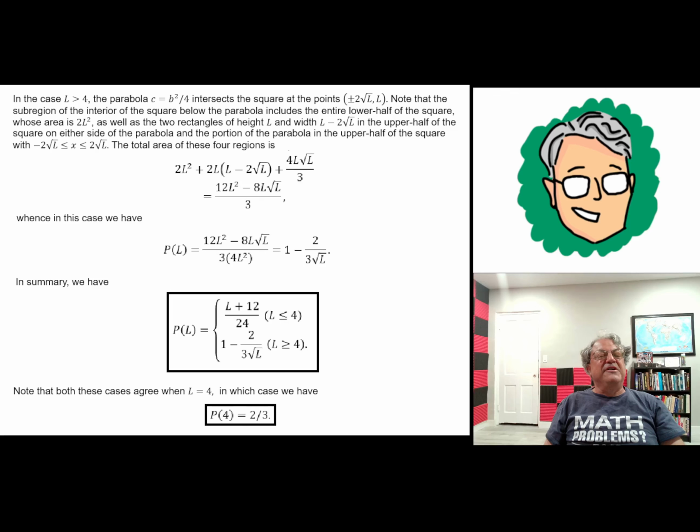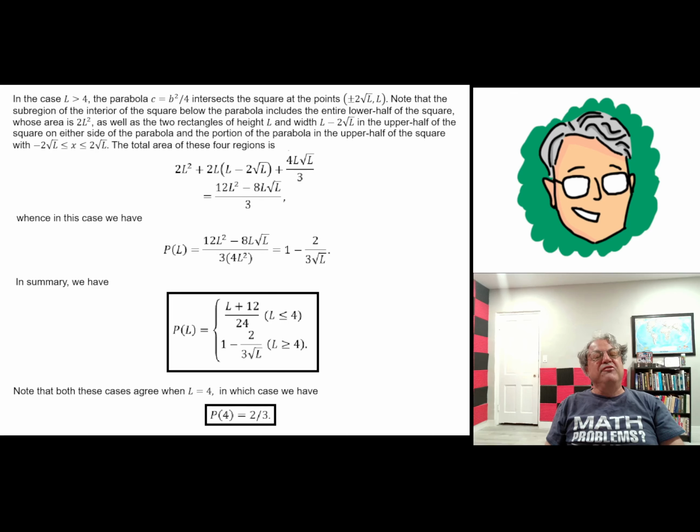To summarize, P of L is given by two different formulas depending on whether L is less than or equal to 4 or L is greater than or equal to 4. If L is less than or equal to 4, you get L plus 12 over 24.